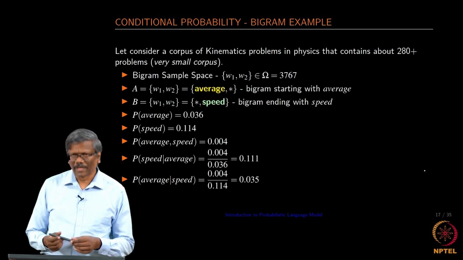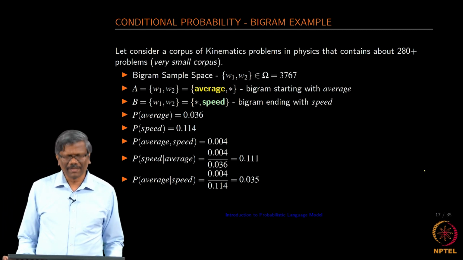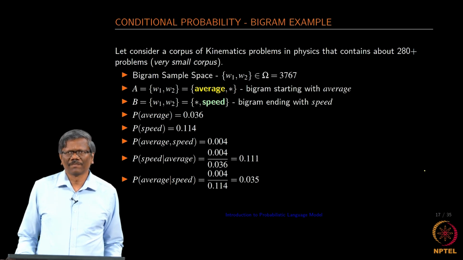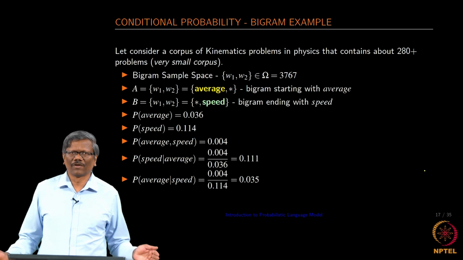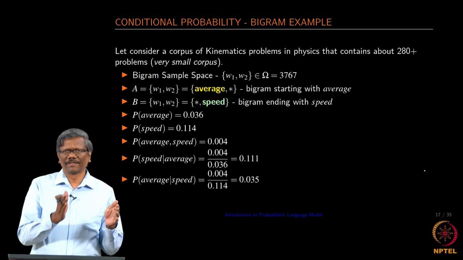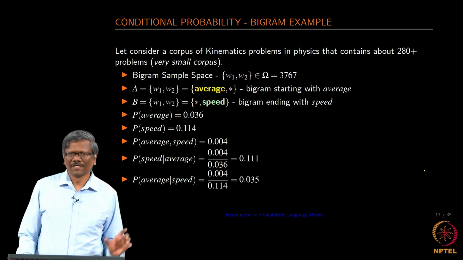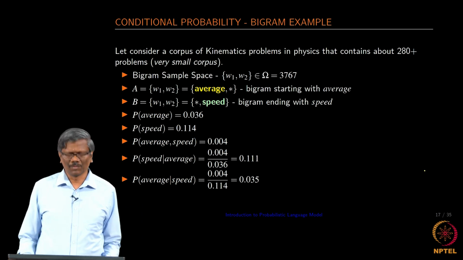Let us take a small example of conditional probability using a bigram. I am sure you know how bigrams are formed. Given a document, you take two words at a time. You move a window which contains two slots continuously over each word, and then you get a set of bigrams.